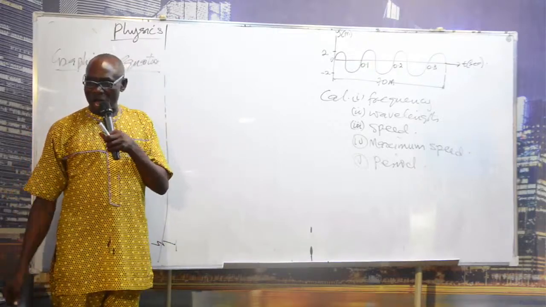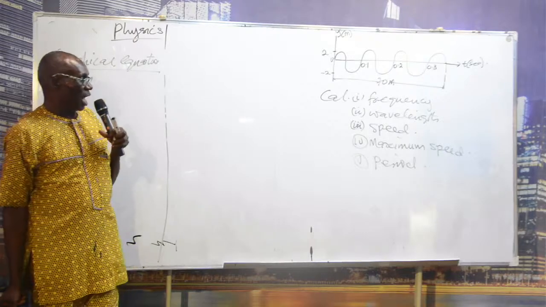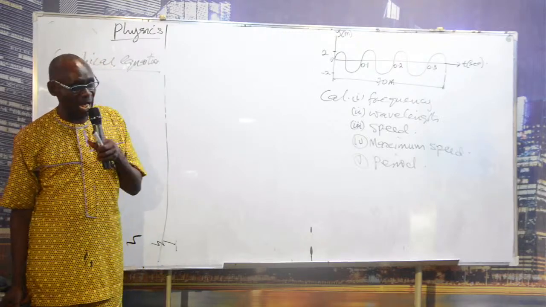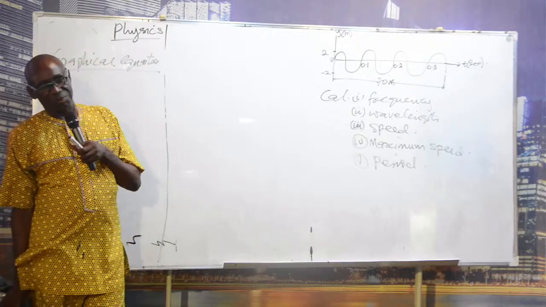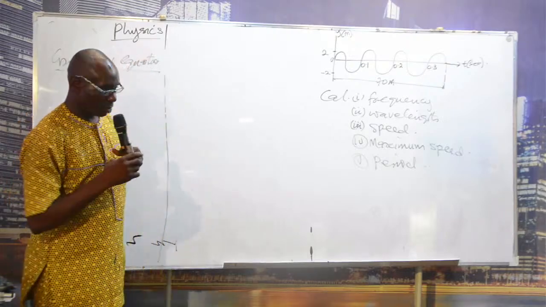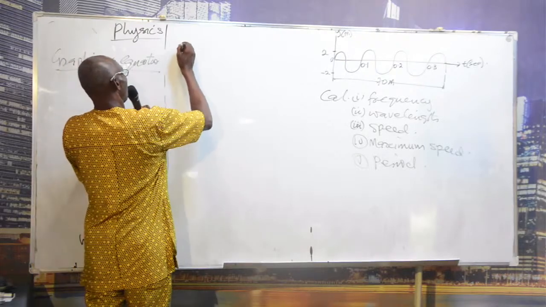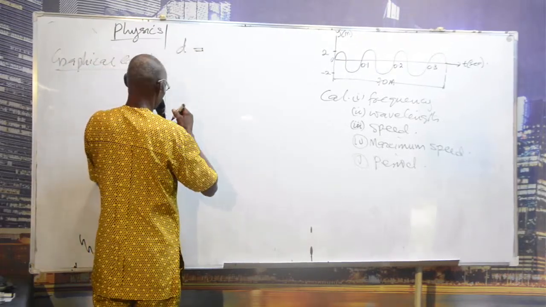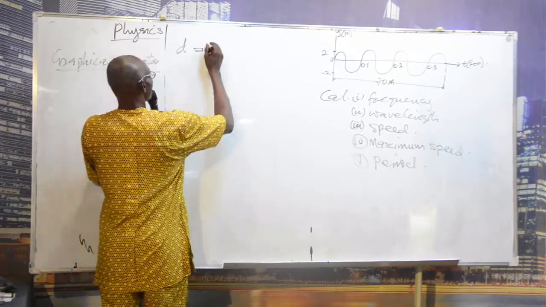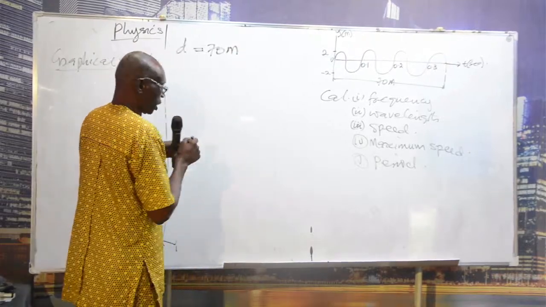Calculate the what? Looking at the diagram on the board, what is the value of the distance D? 70 meters. That's 1.